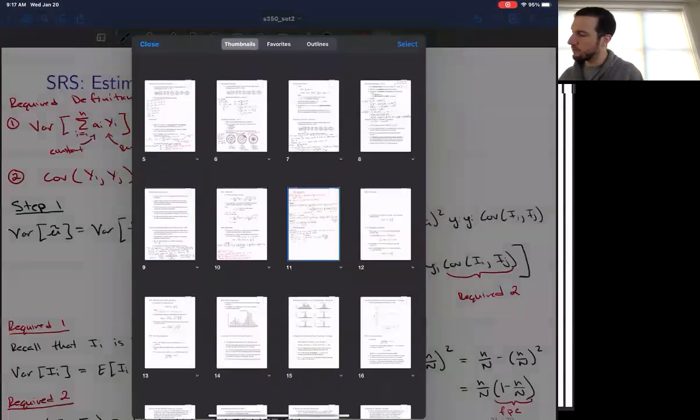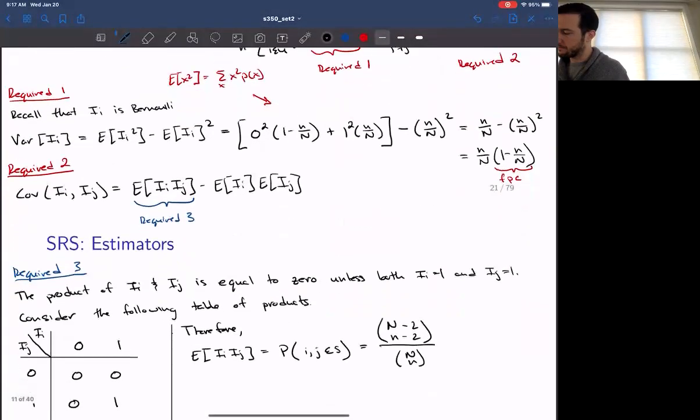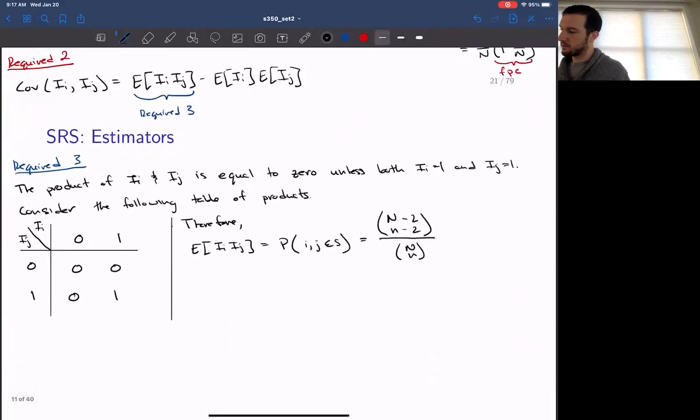I should mention too, and just for clarity, in case it's not entirely clear, the reason that I have this as an equality here is because of the note before.